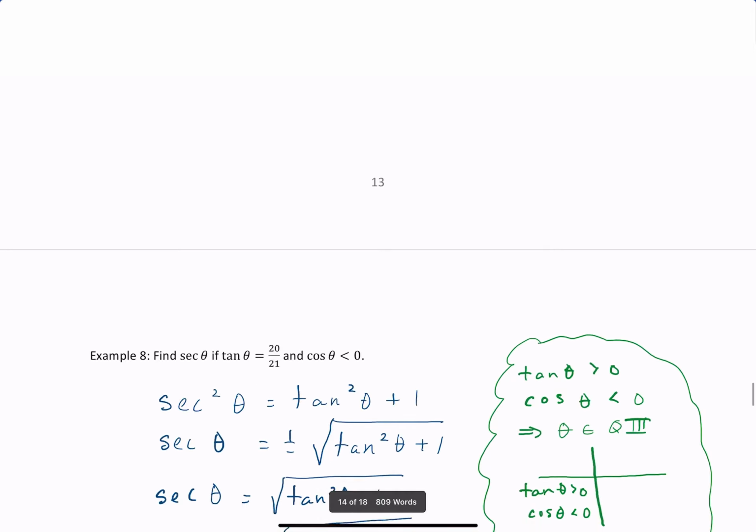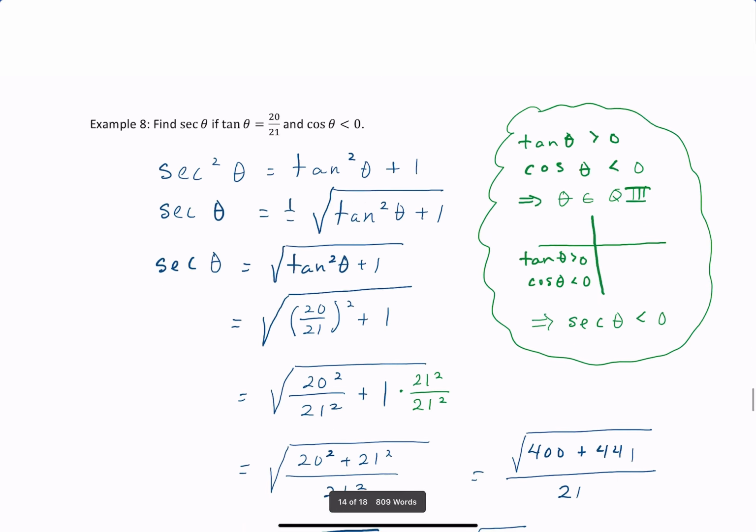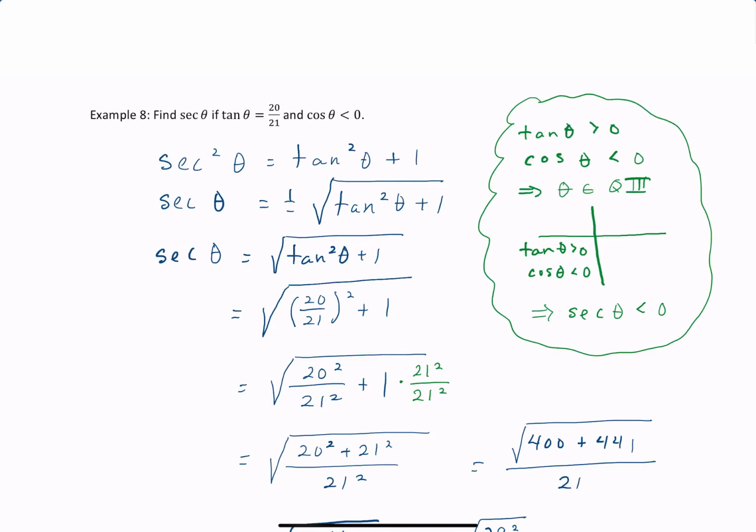Example 8. Find the secant of theta if the tangent of theta is 20 over 21 and cosine of theta is negative. So I'm going to use the identity that involves secant and tangent, and I'll go ahead and use it in the form secant squared of theta equals tangent squared of theta plus 1.